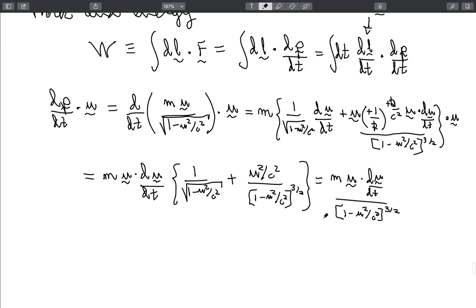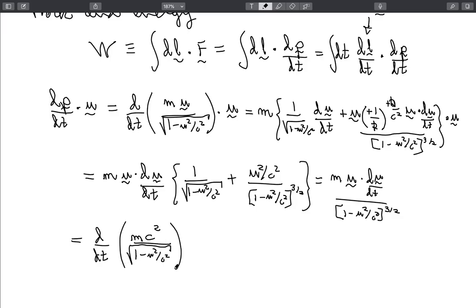Now, the point is that if you look at it at this level, you can immediately recognize that this is just the time derivative of the quantity m, and I'll put back a c squared because I want to take a derivative here, divided by the square root of 1 minus u squared over c squared.